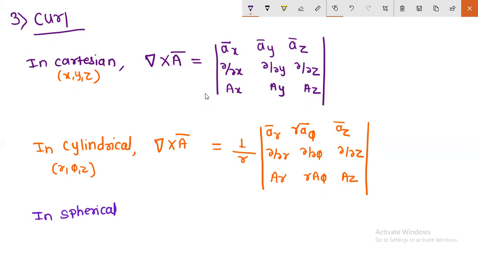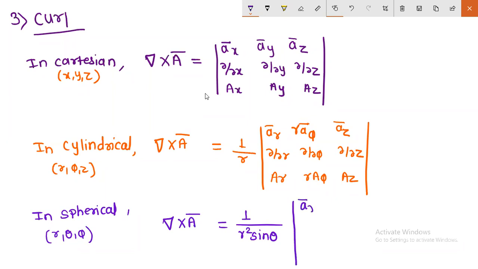In spherical, having coordinates r, theta and phi, this del cross a bar is equal to 1 upon r square sine theta, and in the determinant the unit vector a bar r, then r into a bar theta, and third is r sine theta into unit vector a bar phi.